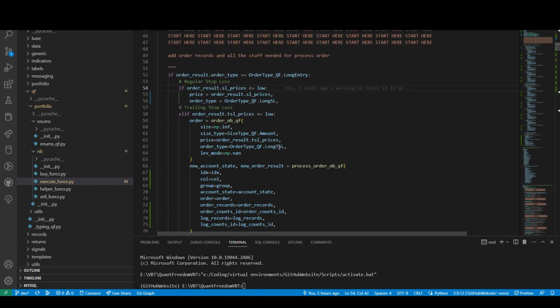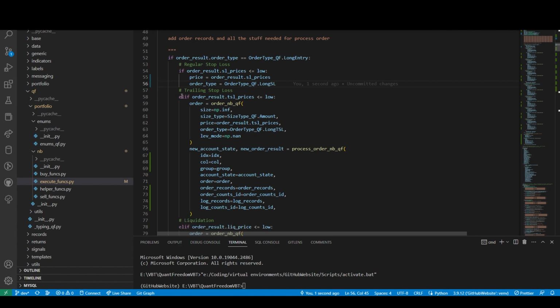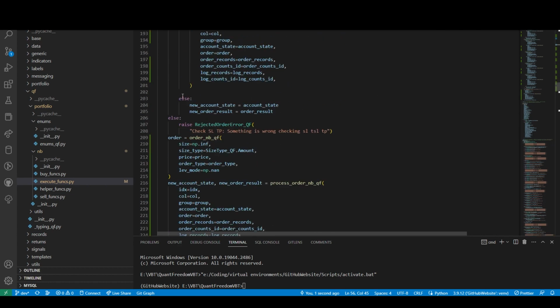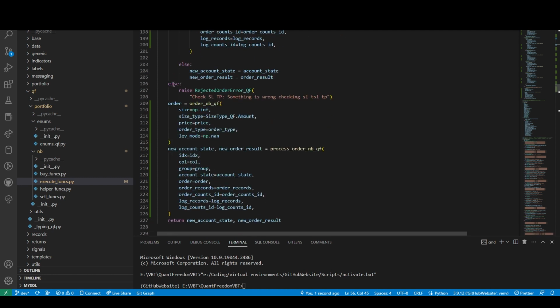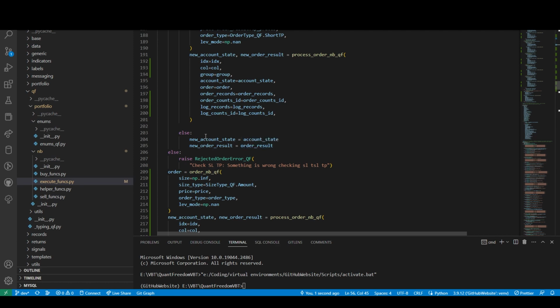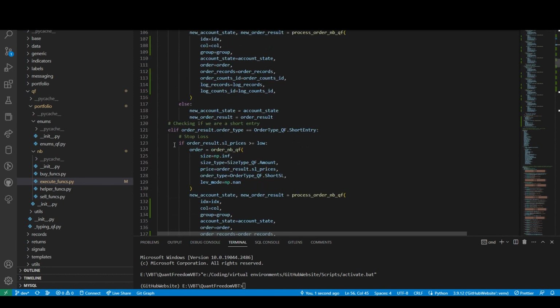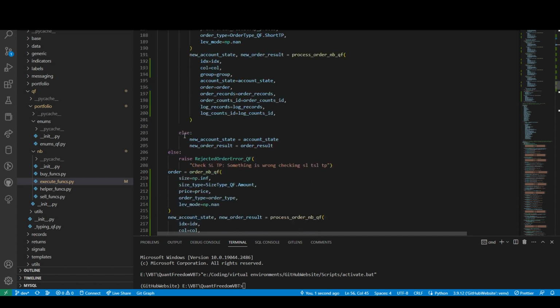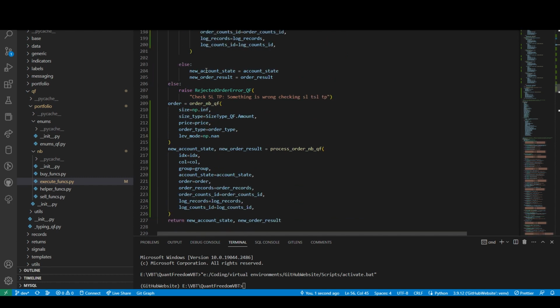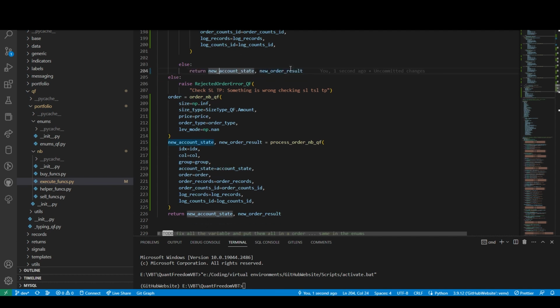Yeah. So now we'll just go through and do that for each one of these. And then by the time you get down here to the bottom, if none of these apply, then when you get to the bottom, we have to just return an account state and order results.